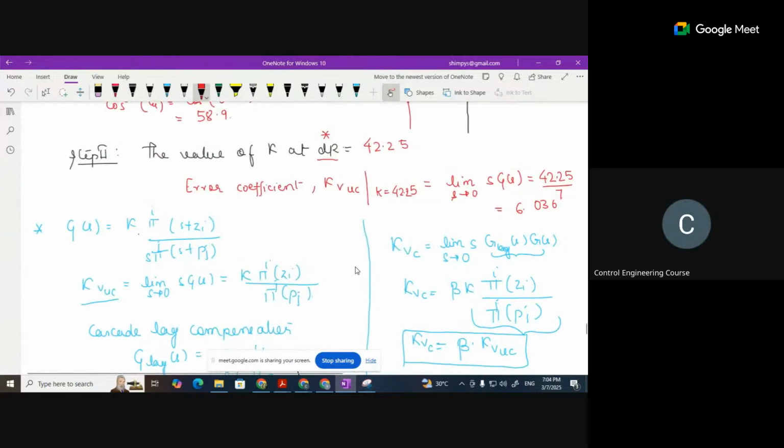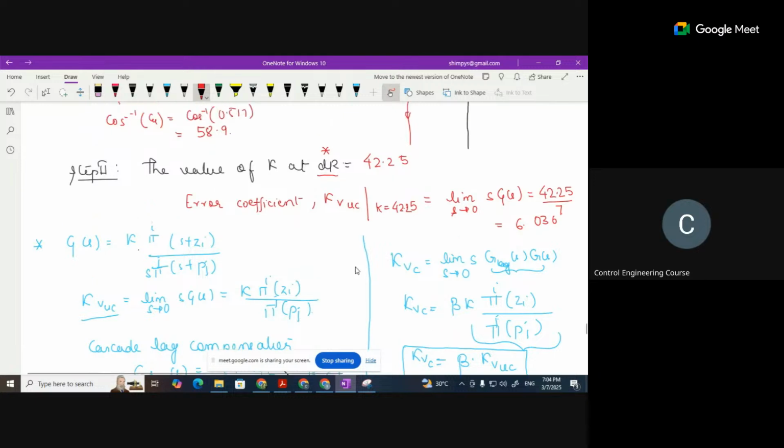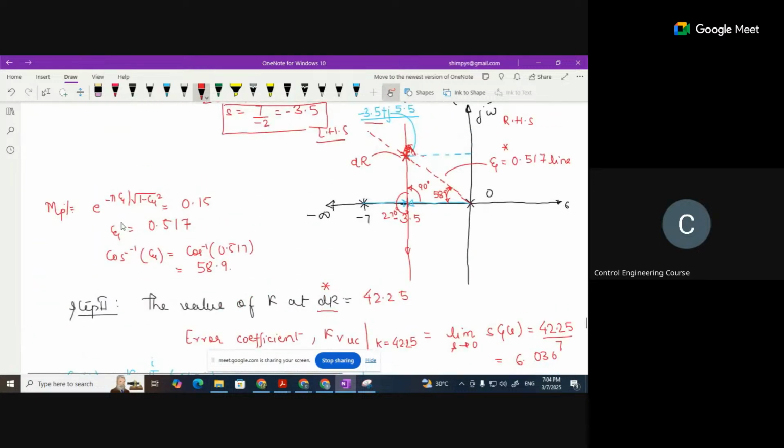Okay. So I'm just summarizing it once. Listen carefully. If I want to design a lag compensator for improving the response, then I have to first sketch the root locus for the uncompensated system, right? Calculate the value of zeta.